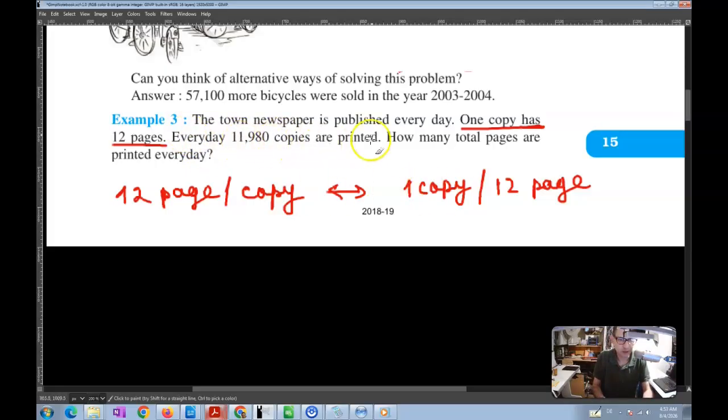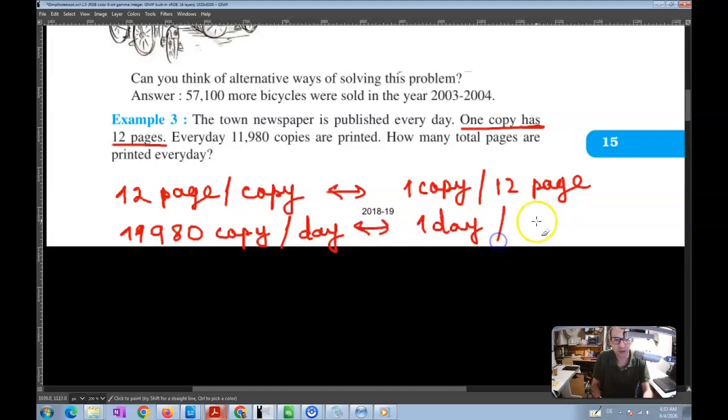Now, every day, so many copies are printed. So we have 11,980 copies per day. Or I could say that in one day, I have 11,980 copies.